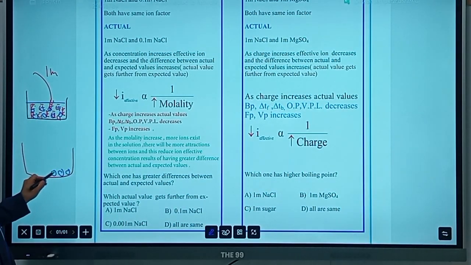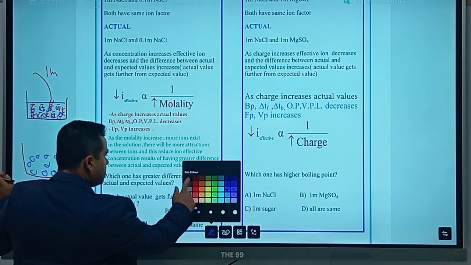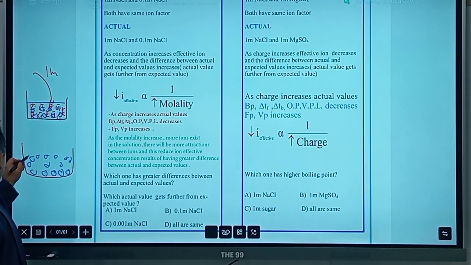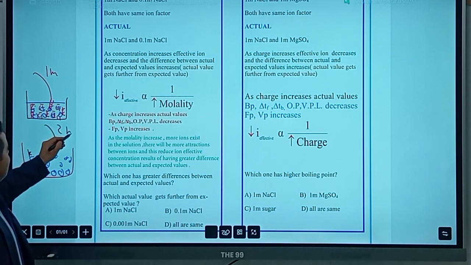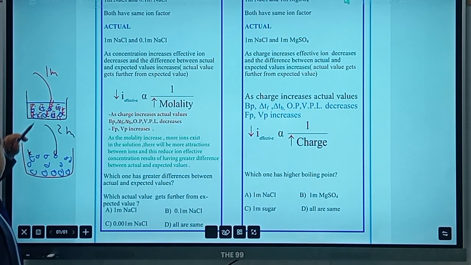It will produce twice as many ions as the one above.